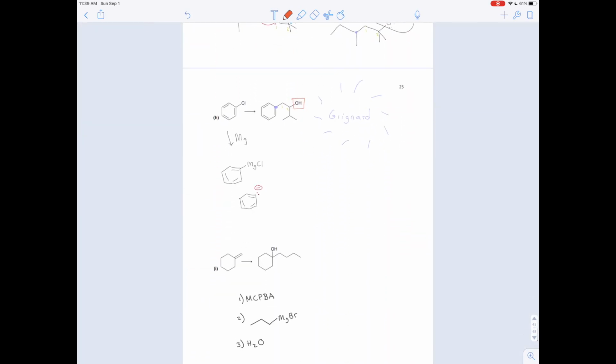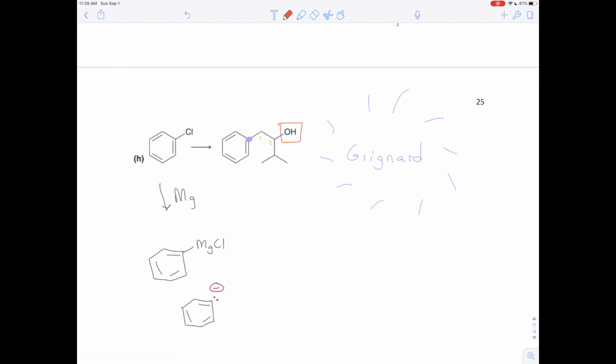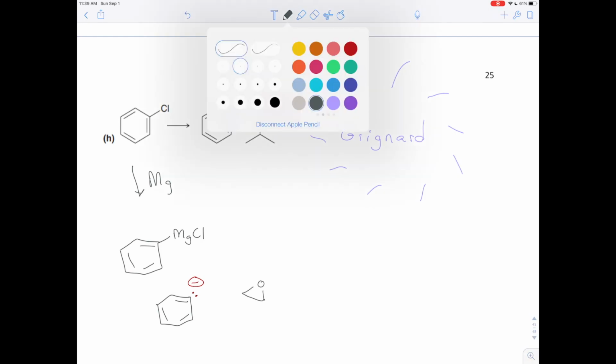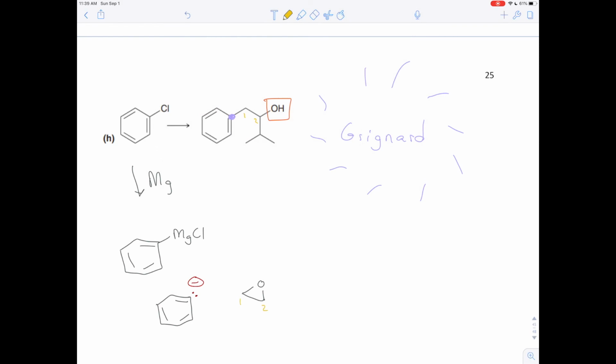So an epoxide. Okay. So we're going to add an epoxide here. And here this will be carbon number 1, carbon number 2. Notice that carbon number 2 has this sort of funny chain coming off of it, so we'll want to make sure that funny chain is also coming off of our epoxide.